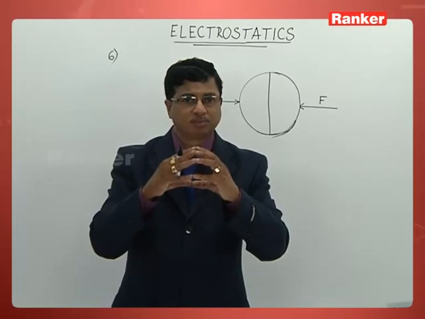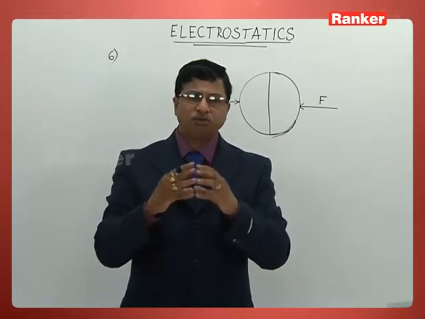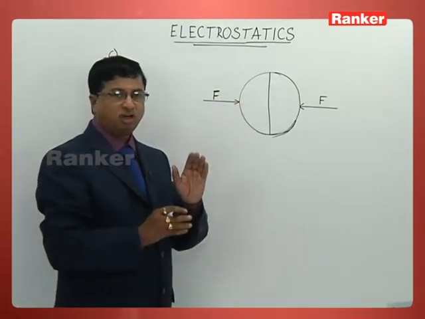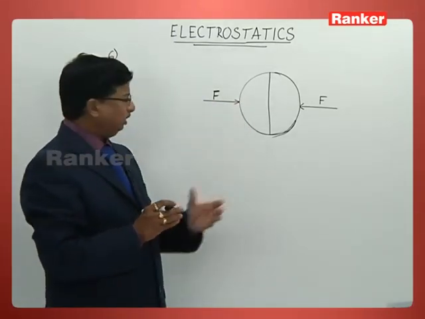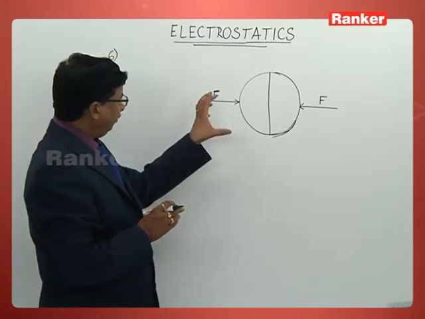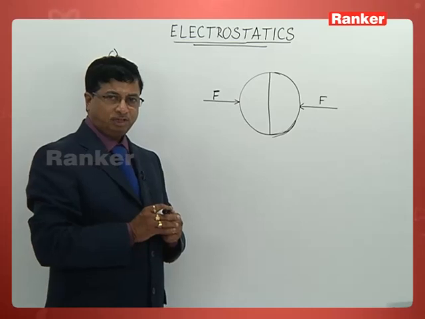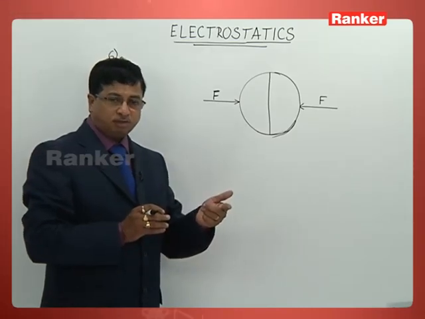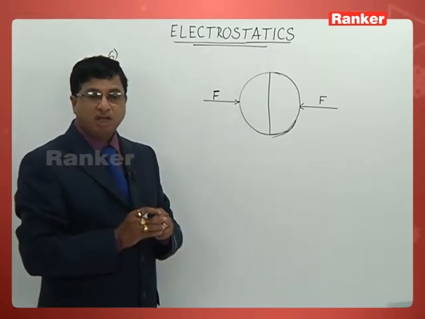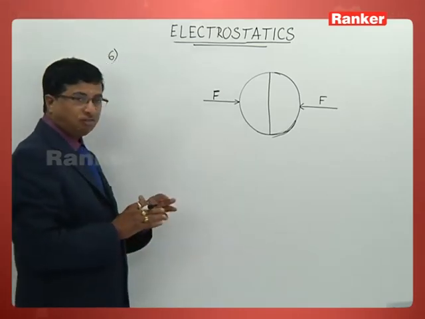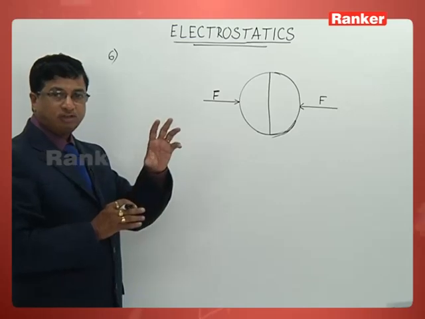Now what is this question? What is this F proportional to? In true sense, whenever we talk about this force in terms of surface charge density, we have to take up, what is surface charge density? That is charge per unit surface area.